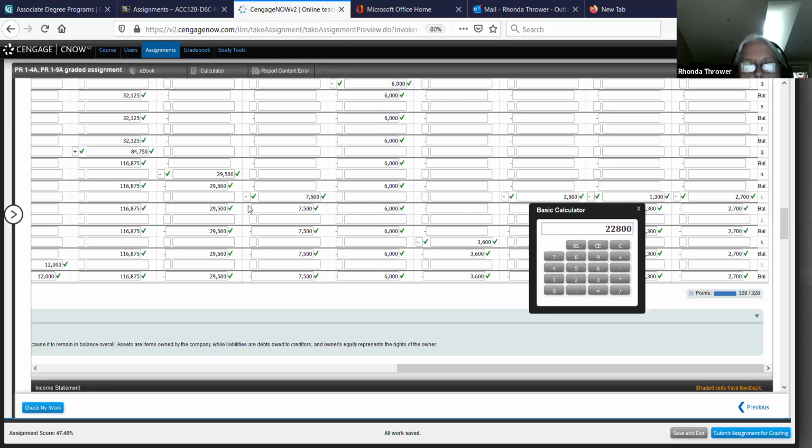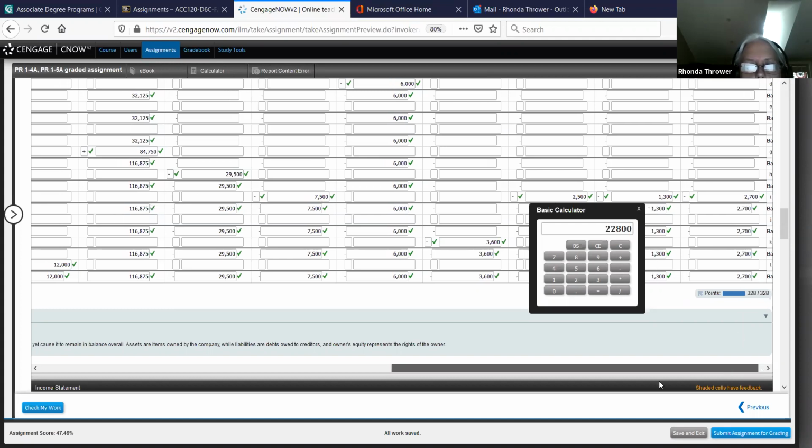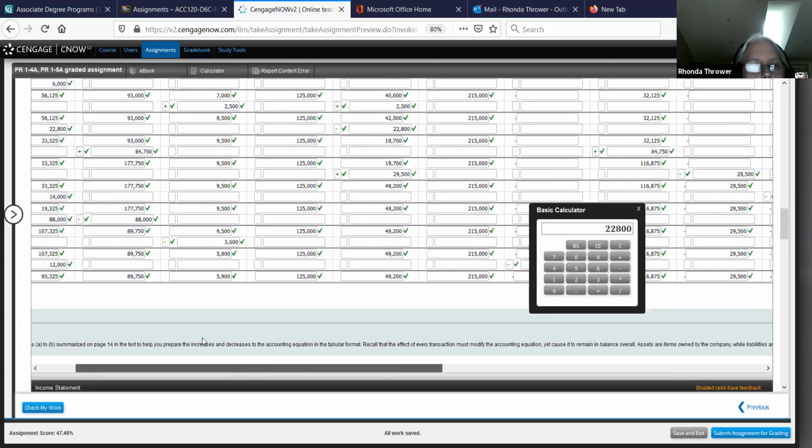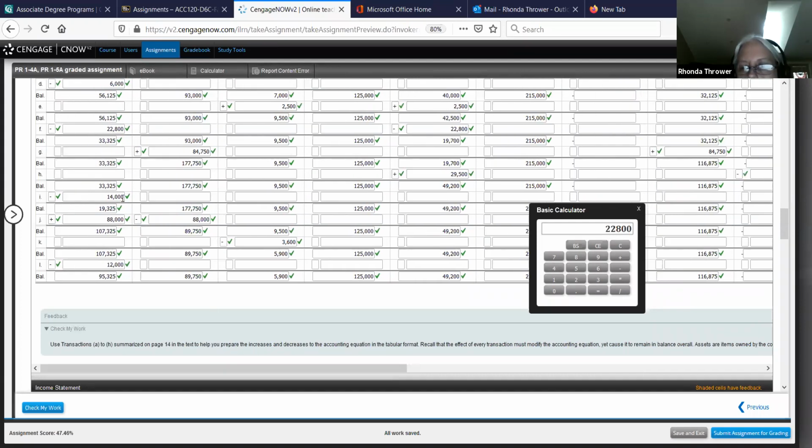So each one of these expenses, all combined, was a decrease in our cash of $14,000. So I'm going to add that to the previous rent expense amount.